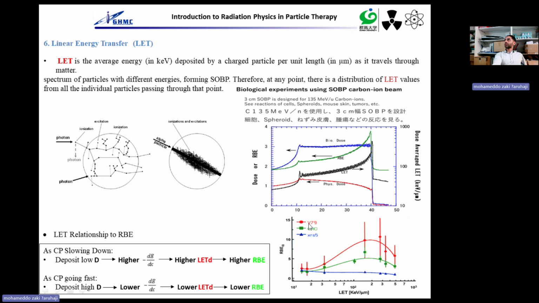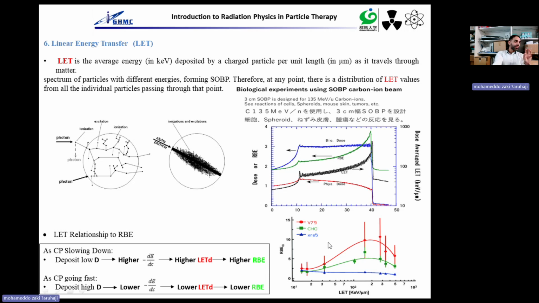For example, this type of cancer cell has this response to LET with RBE. Do you understand? This cancer cell will have this type of response. So the RBE concept is not yet fully understood.